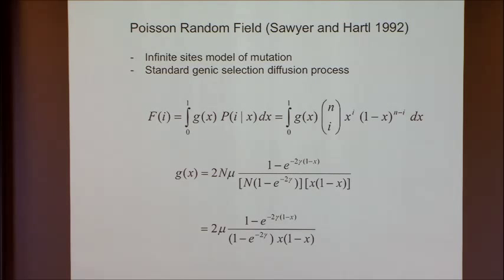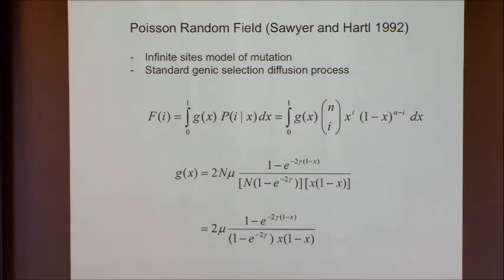So slowly moving towards looking at some of the models that people more use for analyzing data. The one model that has become very popular for analyzing DNA sequence data is a set of models called Poisson random field models, introduced first by Sawyer and Hartl in '92.